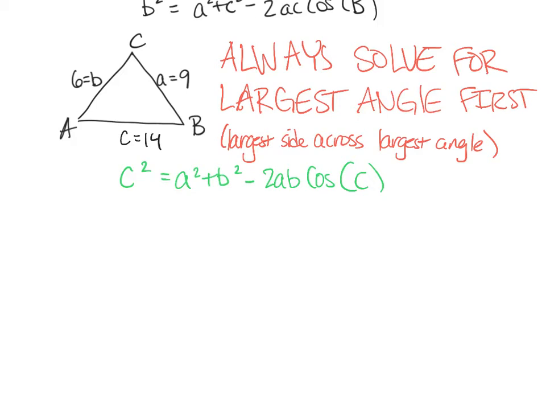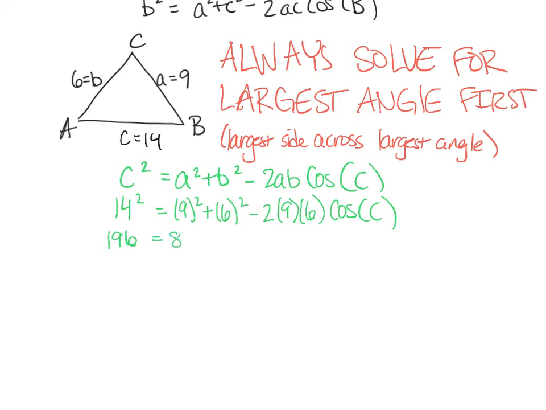So let's take all the information we have and plug it in. This is going to be 14 squared is equal to 9 squared plus 6 squared minus 2 times 9 times 6 times cosine of C. Okay, so 14 squared is 196, which is equal to 81 plus 36 minus 2 times 9 times 6, which is 108, times cosine of C. Let's see what I can combine. 81 plus 36 is 117.